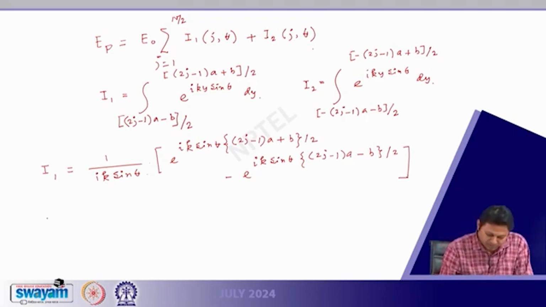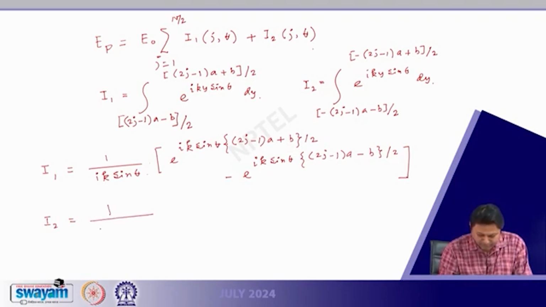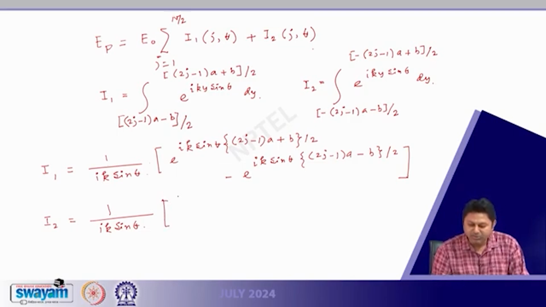Similarly, like I1, I2 is something similar. It is 1 divided by i k sin theta, the usual term, and then this integral, e to the power of i k y sin theta, will be executed in these two limits. So, I just need to put in these limits.